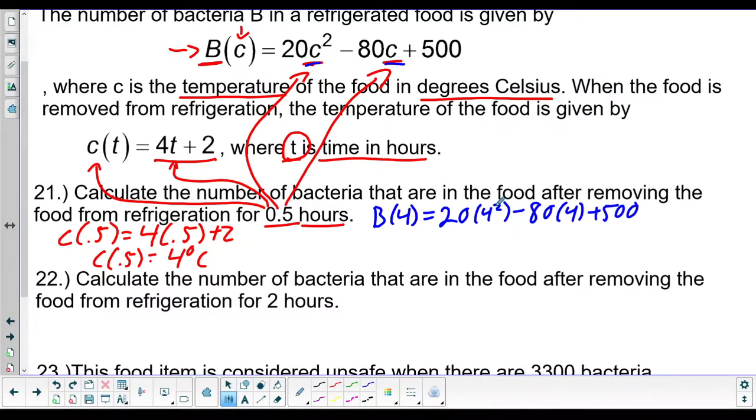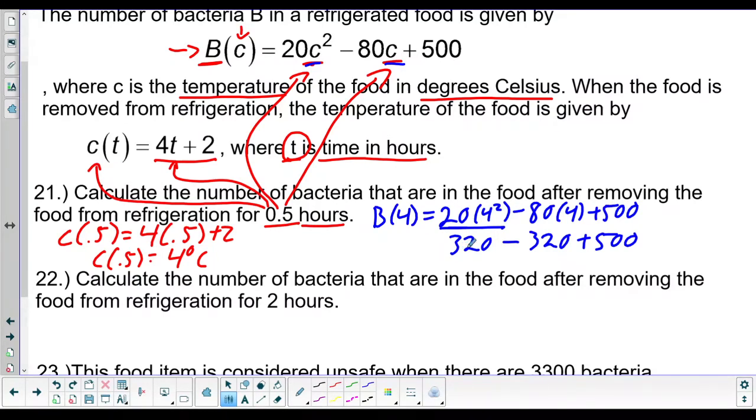4 squared is 16, and 16 times 20 is 320. So this whole thing here is 320 minus 80 times 4, which is 320, plus 500.